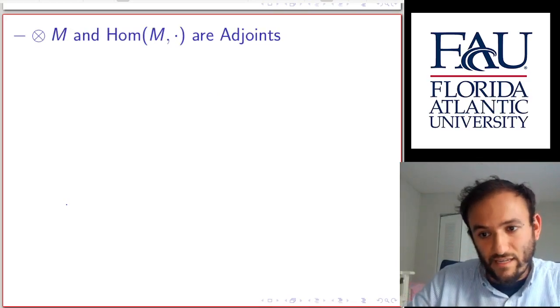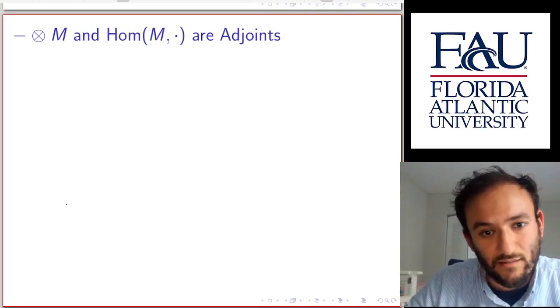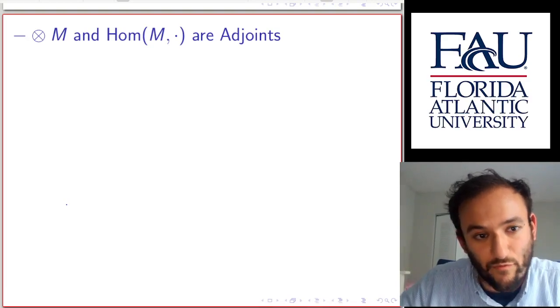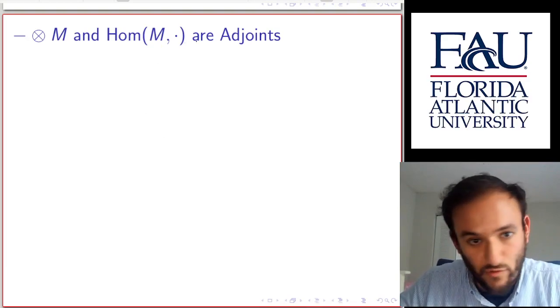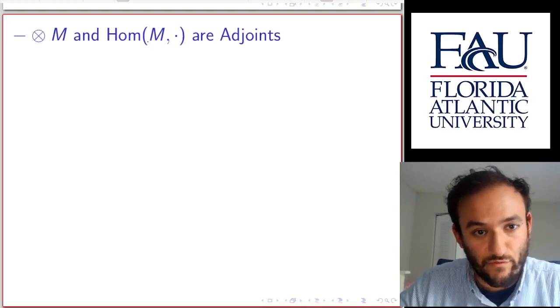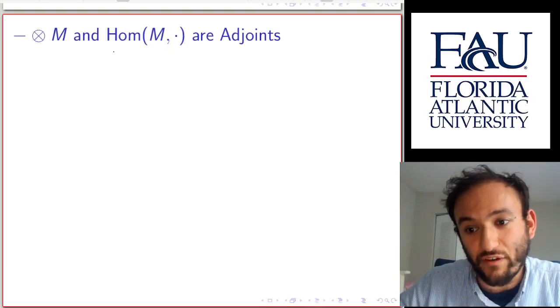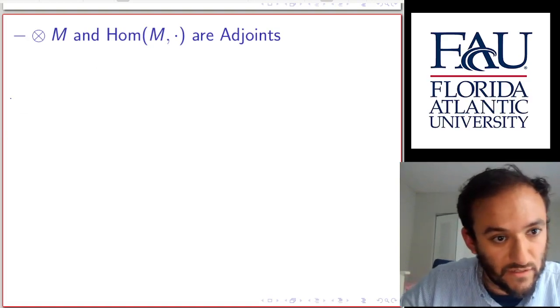Now the key here is that the tensor product with M for a fixed M, and homomorphisms from M to any module, for the same fixed M, these are adjoint functors on the category of A modules.